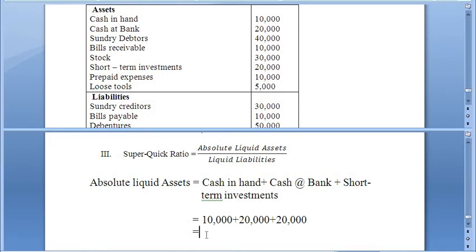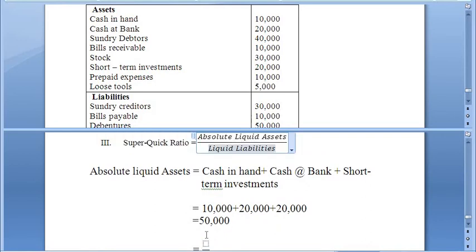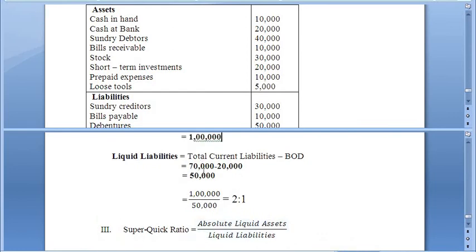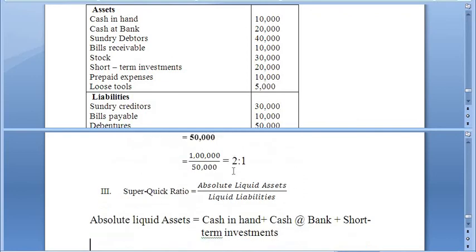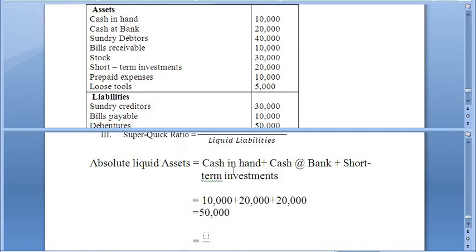So total is 50,000. Absolute liquid assets: 50,000 rupees. And liquid liabilities we have already calculated. See here, liquid liabilities is 50,000: total current liabilities except bank overdraft. Total current liabilities is 70,000 and bank overdraft is 20,000, so 70,000 minus 20,000 is 50,000.